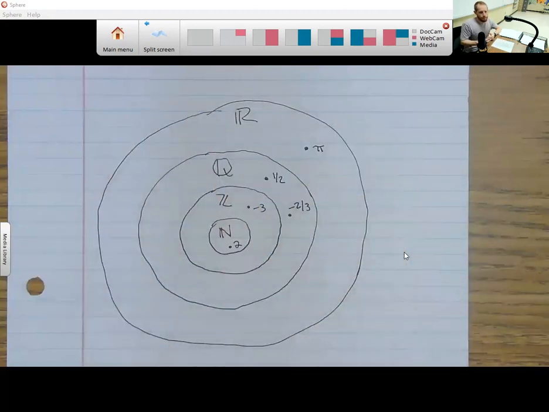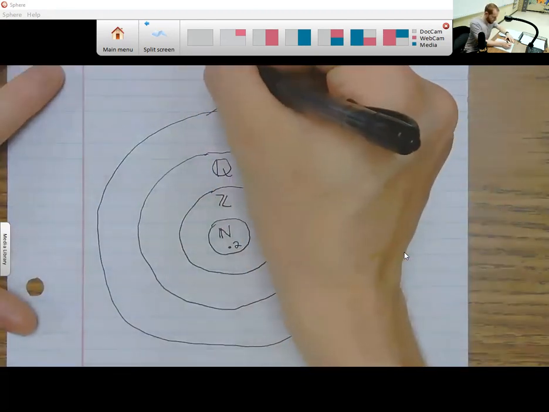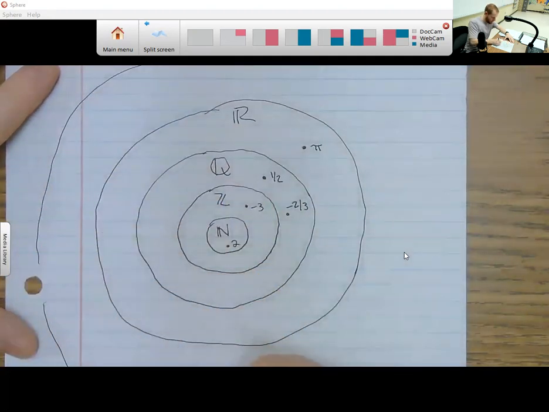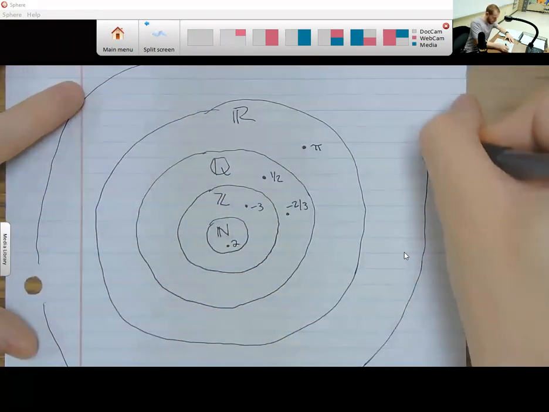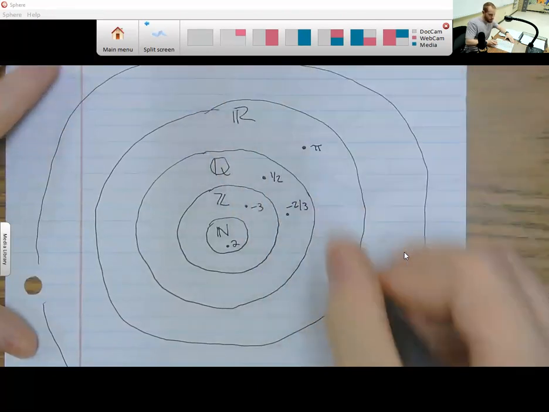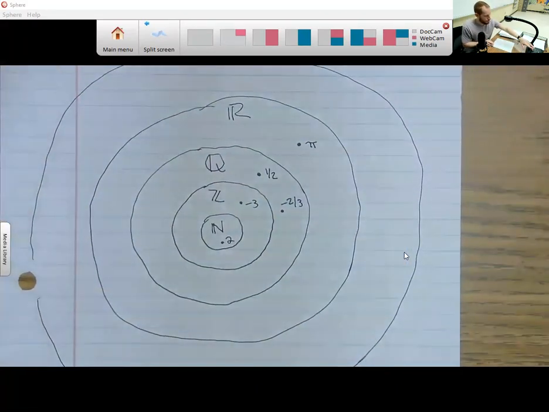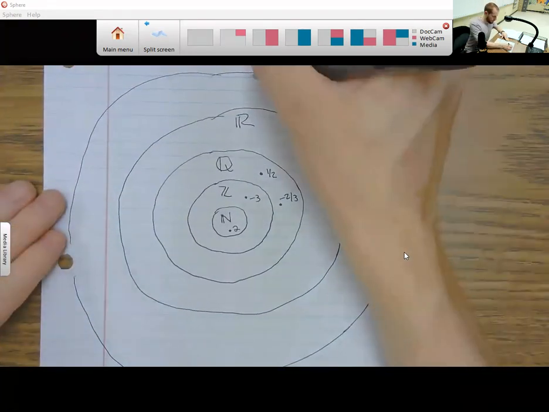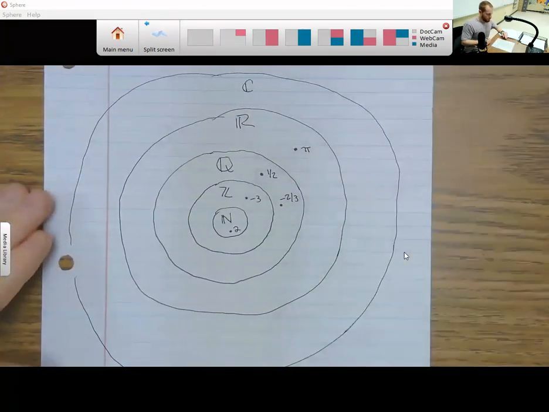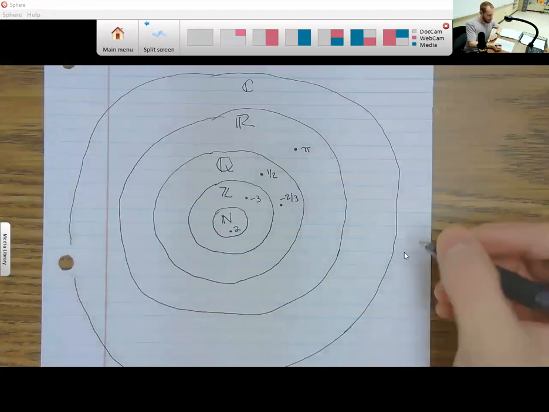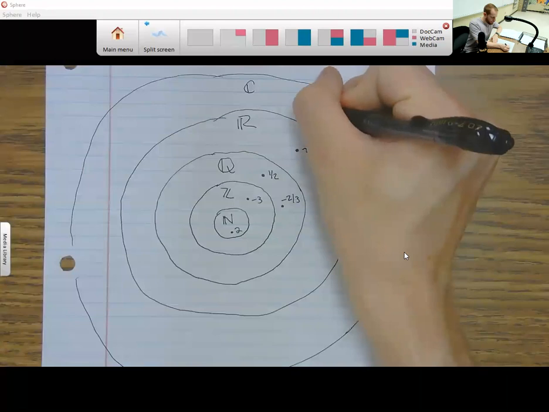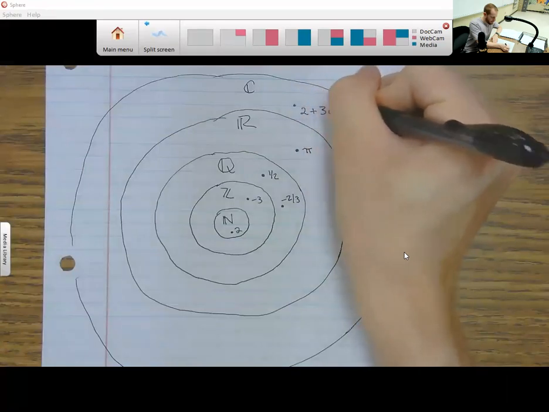And then there's an even bigger circle called the complex numbers, right? So this is going to be an even bigger circle. So I don't even think this can fit on the screen. Yeah, I'm gonna have to zoom out for this one. So the complex numbers are in this circle, right? So what's an example of a complex number? 2 plus 3i.